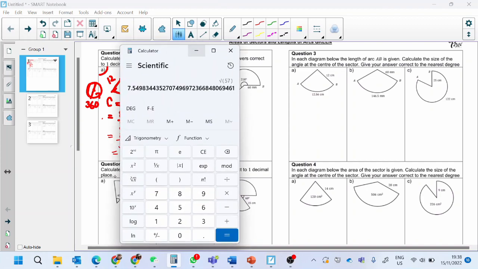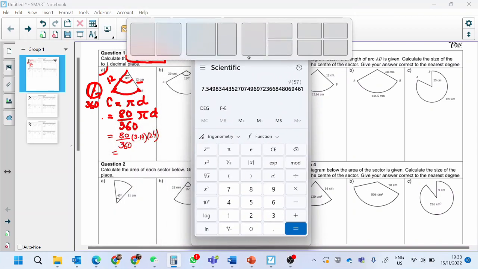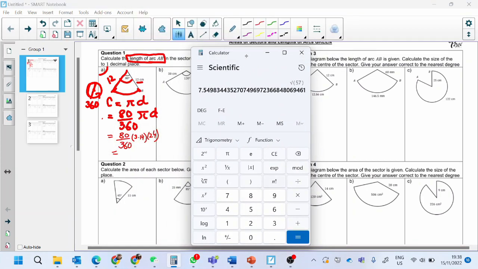So let's calculate this. 80 divided by 360, this gives us this, and then times 3.14 times the diameter, which is 24.